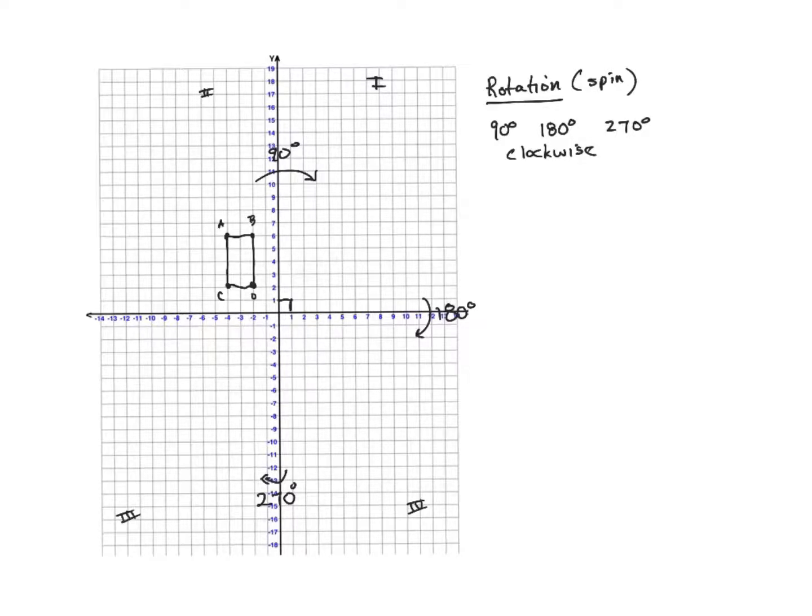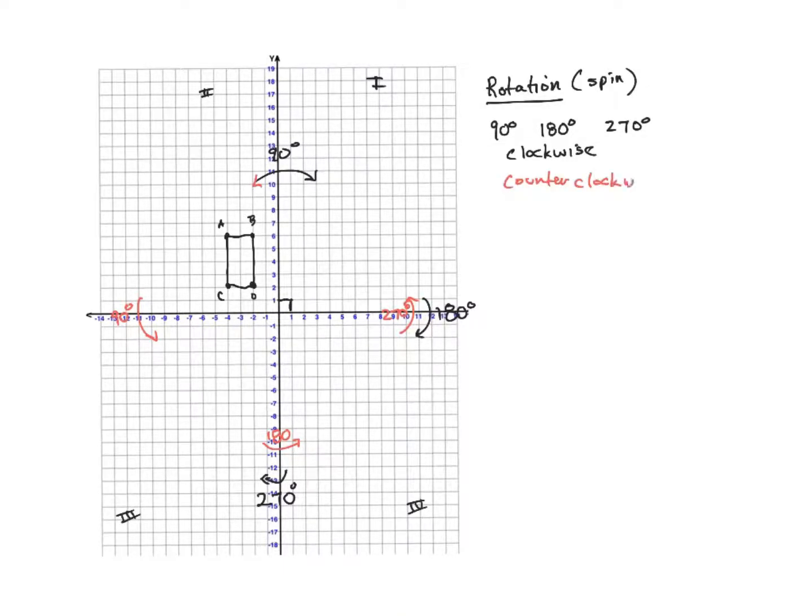You could get a counterclockwise in which this would be 90, and this would be 180, and this would be 270. So this would be basically your two spins, one clockwise and one in red counterclockwise.